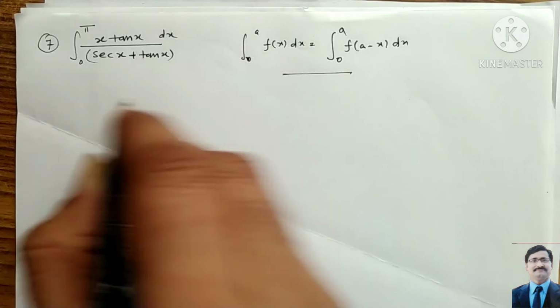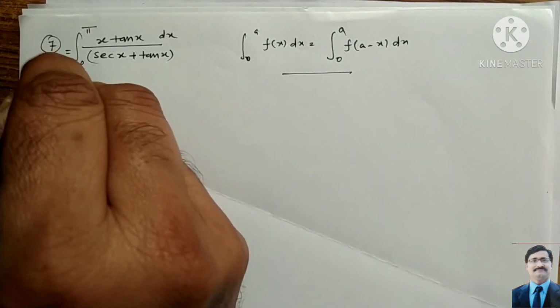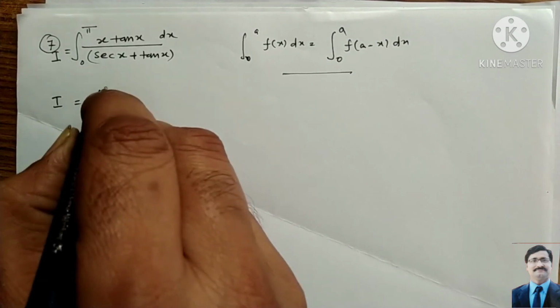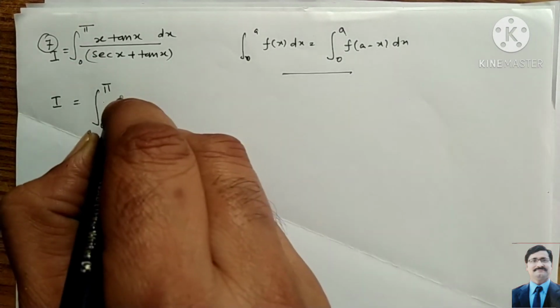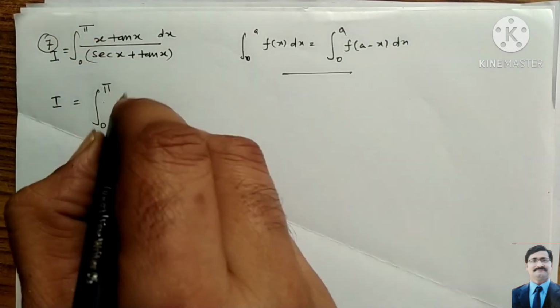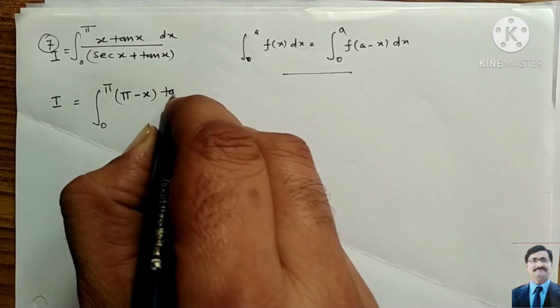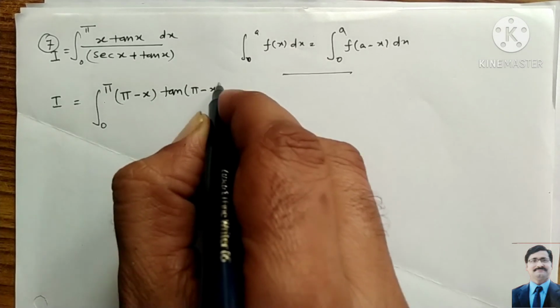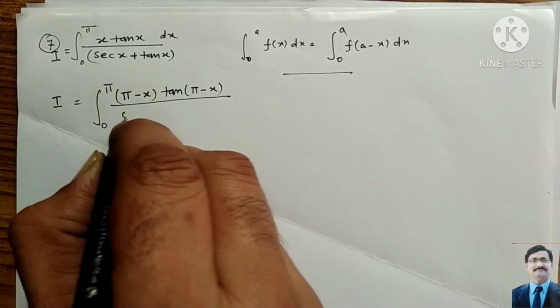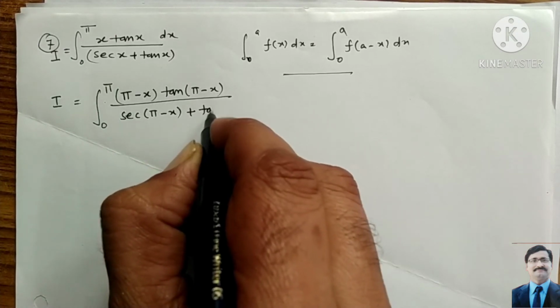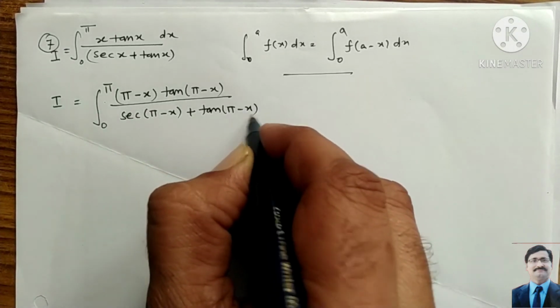This formula we will use here, and we write this integral as I. So I equals, we can write integral from 0 to pi, and in place of x we write pi minus x, so we get pi minus x tan of pi minus x, and in the denominator sec of pi minus x plus tan of pi minus x, and dx.